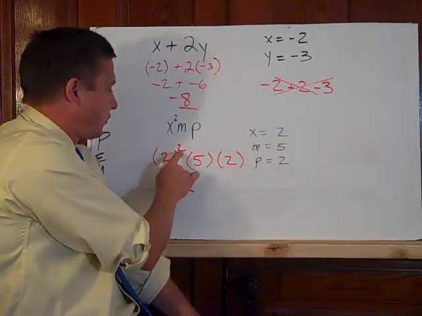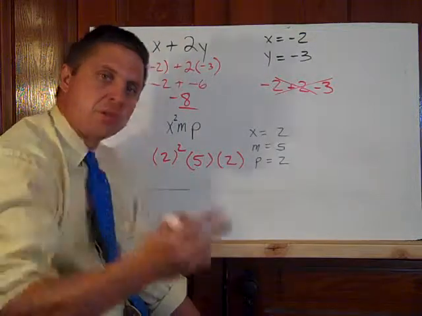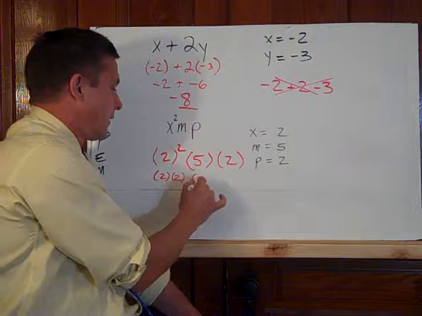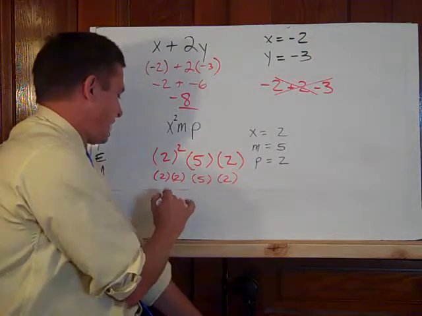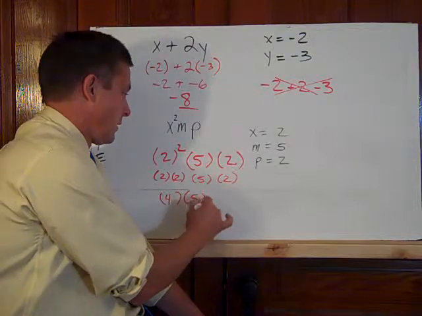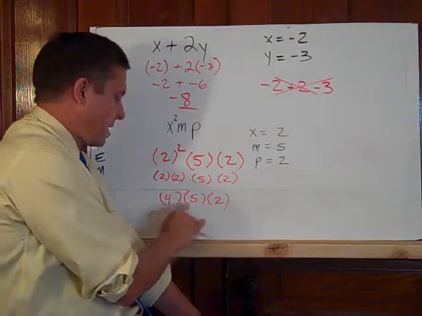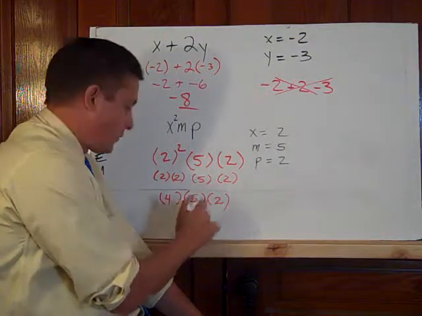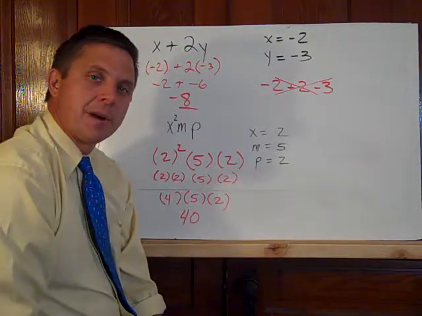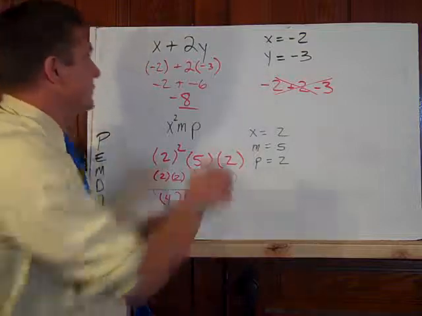Well, 2 squared means 2 times 2, and if I want, I can write that out. Or, a lot of times students skip that step and just write the value, 4. Now I can do the math. 4 times 5 is 20. 20 times 2 is 40. And again, I have evaluated my algebraic expression.